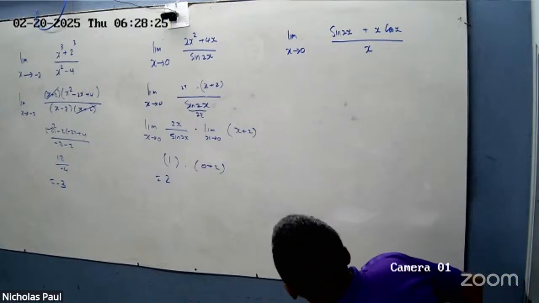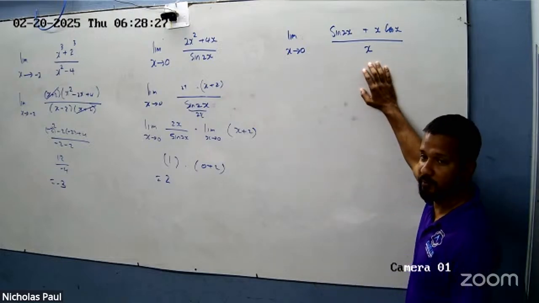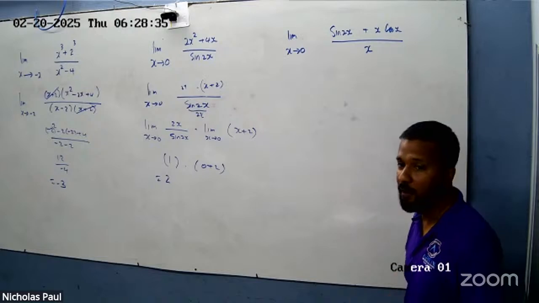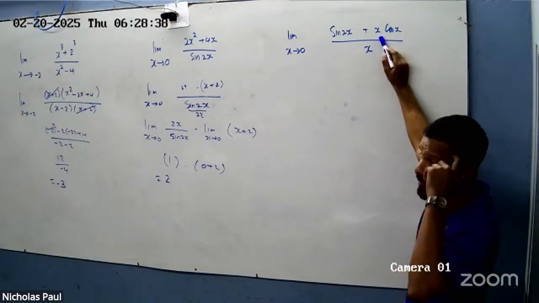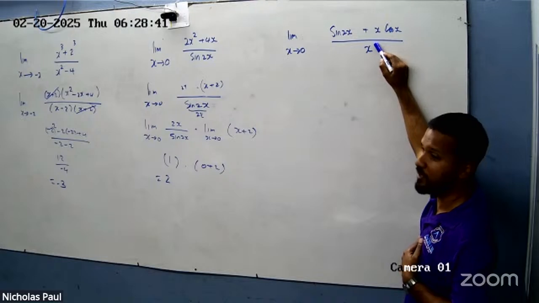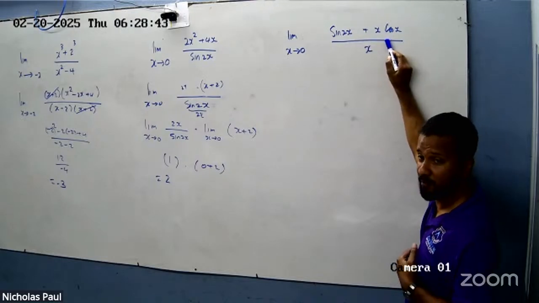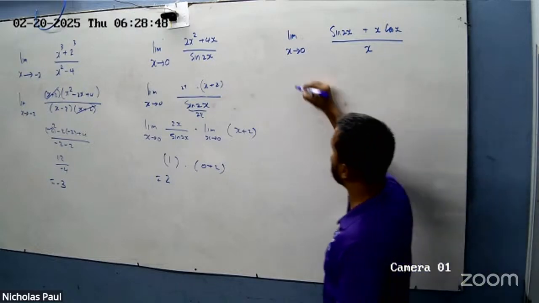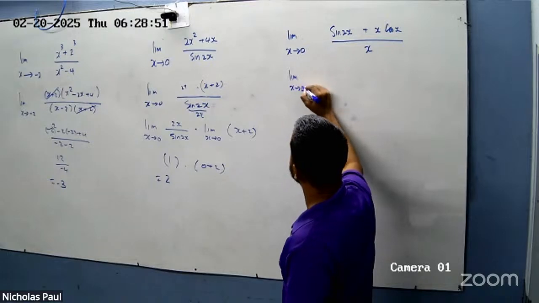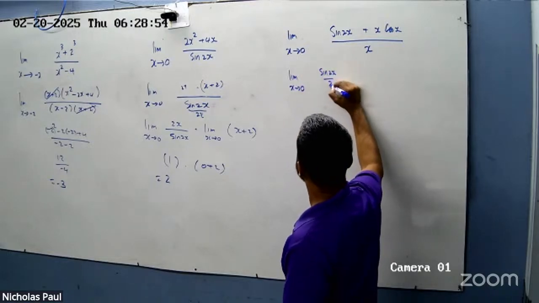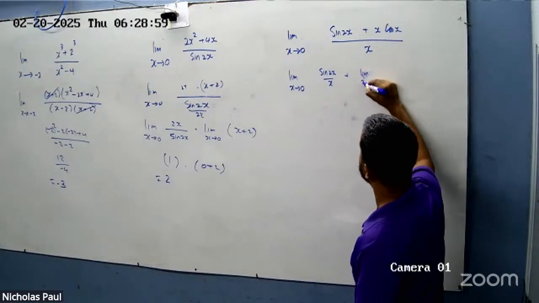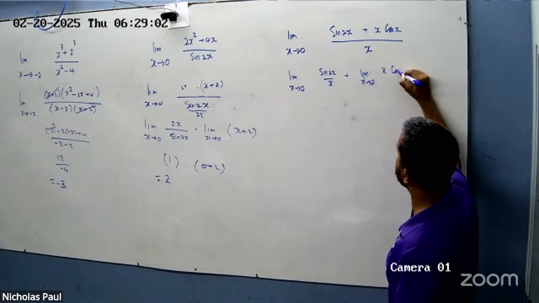What you can do here with this x? Leave it there. Cancel here. But these are the division, so it needs to divide in here and here. Separate it up, right? Separate it up and see what happens.